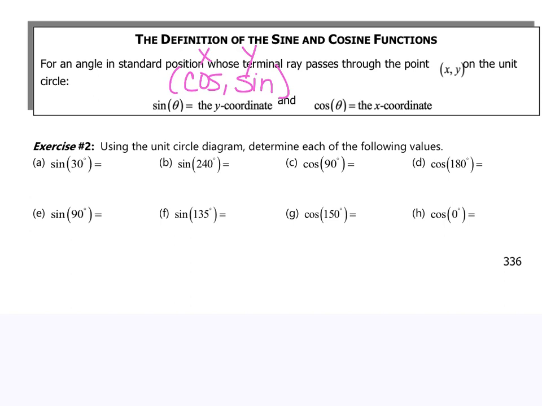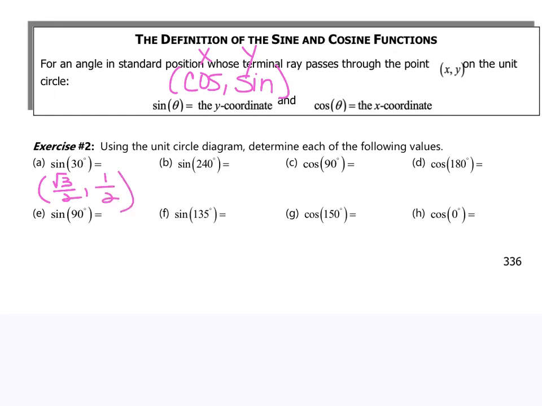Exercise 2 says, using the unit circle diagram, determine each of the following values. So it wants to know the sine of 30 degrees. I need to know what my 30-degree angle coordinate is. Well, that is the square root of 3 over 2 and 1/2.